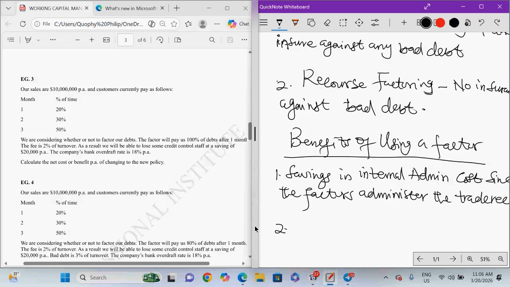Then what other benefits do you get as a result of hiring a factor to take your receivables for you?